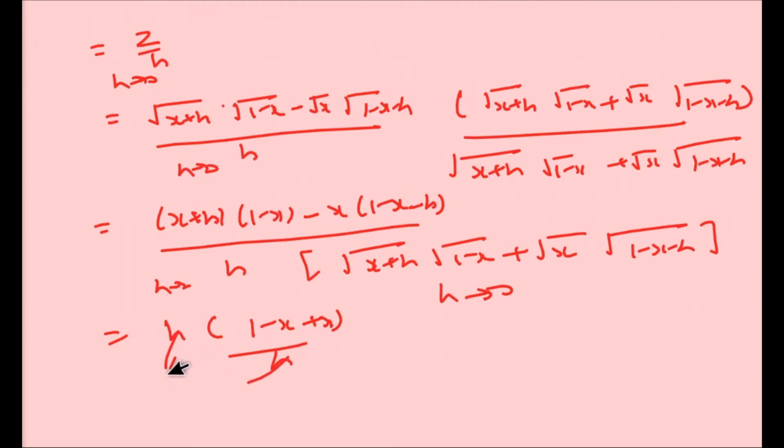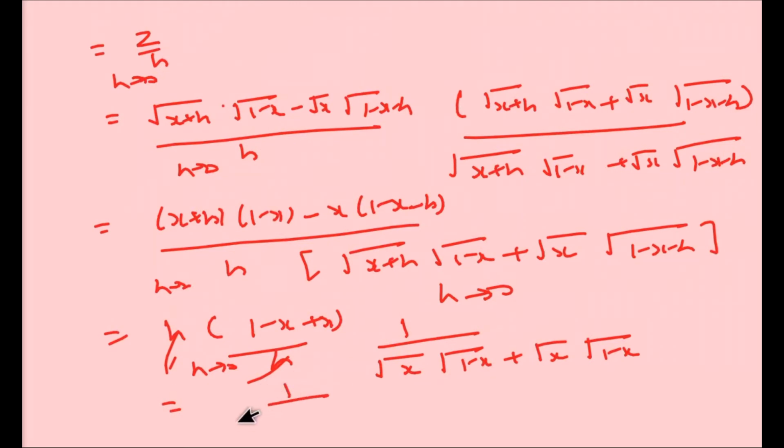H is cancelled, h tends towards 0, and putting the value here, we calculate the denominator as root x root (1 minus x) plus root x root (1 minus x). So your answer is 1 upon 2 root x root (1 minus x).